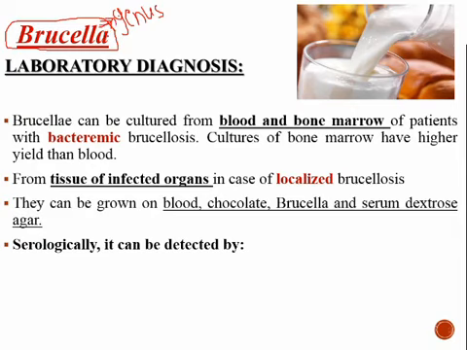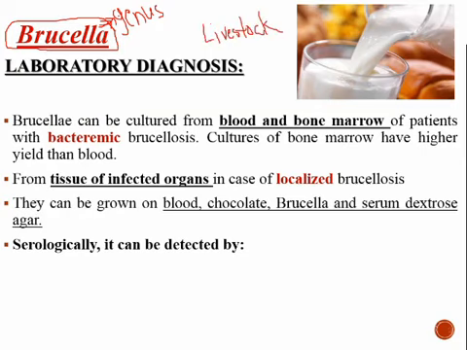Basically, it lives in cattle, for example cows. It also lives in sheep and goats. So basically, it lives in livestock. How is a human infected?